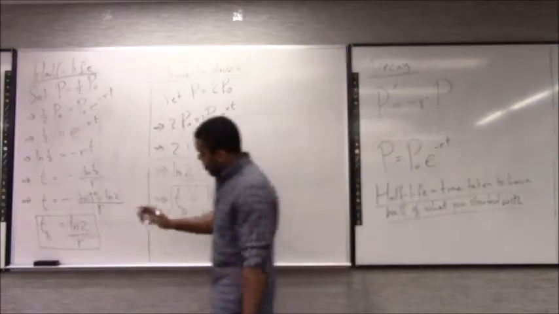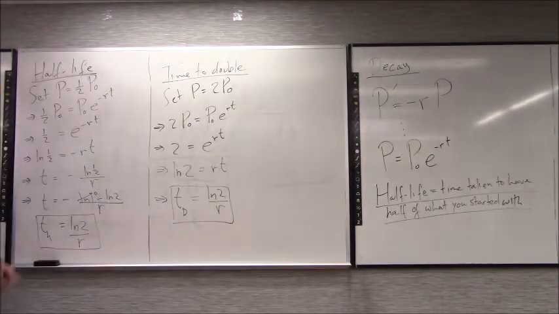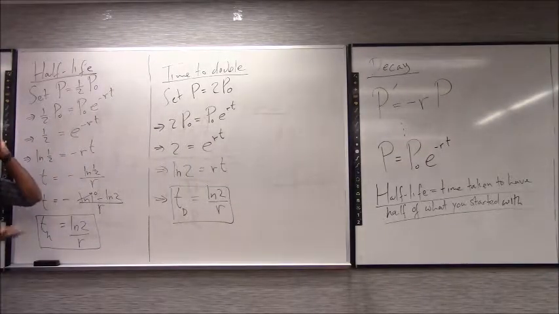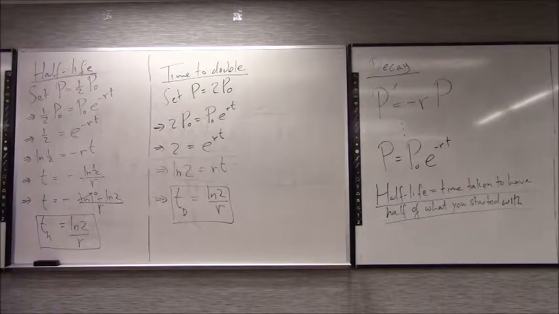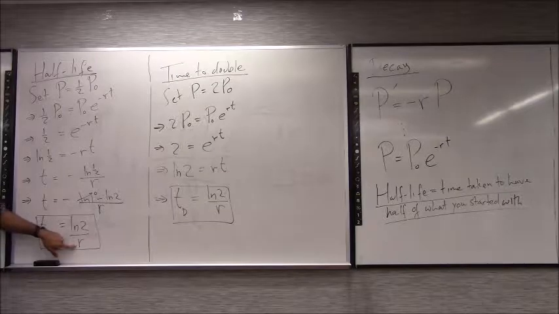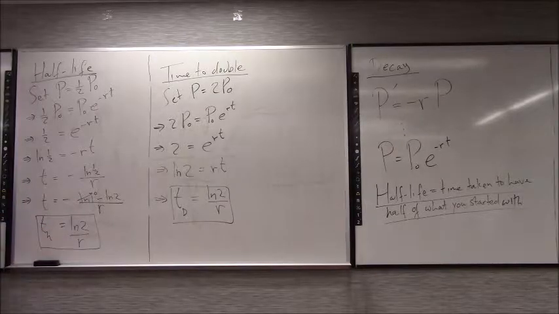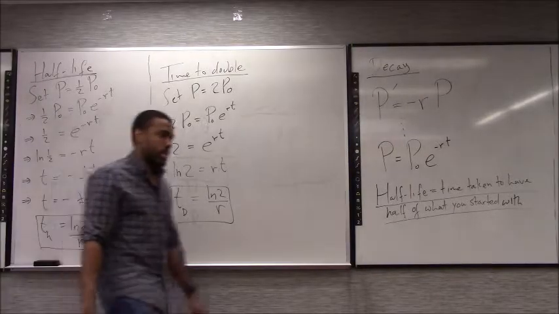For example, let's say I have a quantity that's radioactive, and it loses 30% of its mass every month. It's super radioactive, right? Then I would simply plug in r equals 0.3. To figure out its half-life, it's just ln2 divided by 0.3. So that's an example.